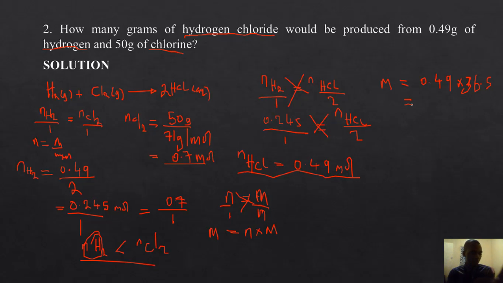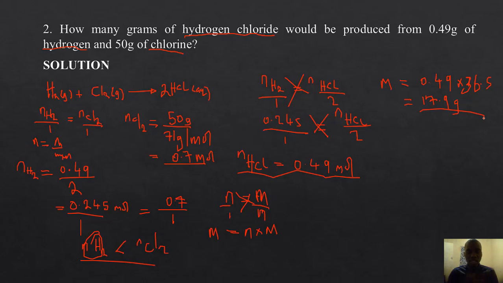That is 36.5 multiplied by 0.49. This one is giving us 17.88, which is just the same as 17.9. So this is 17.9 grams, and that is how you determine the mass.